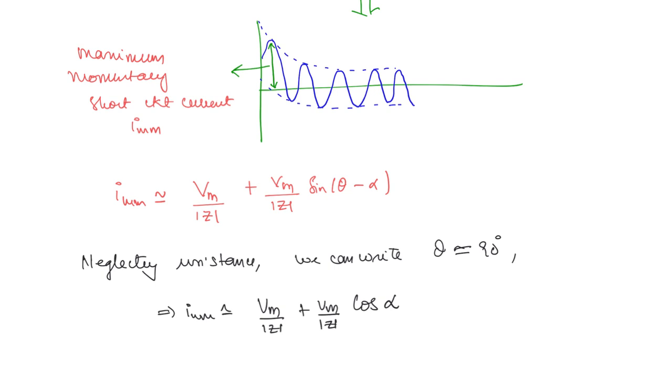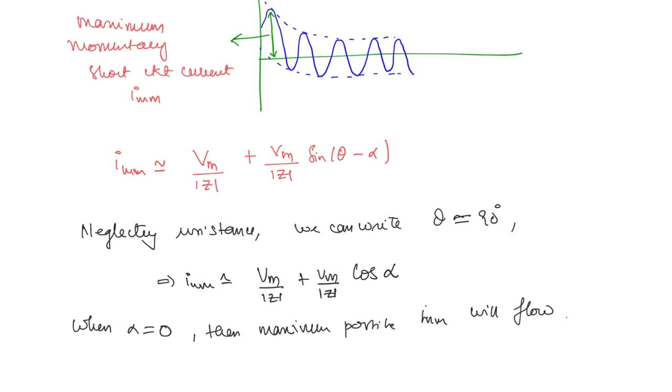Now once again, at what condition is this maximum current going to be even more maximum? When alpha is equal to 0, right? So when alpha is 0, cos 0 is 1. So in that case, when alpha is equal to 0, then maximum possible IMM will flow, okay.